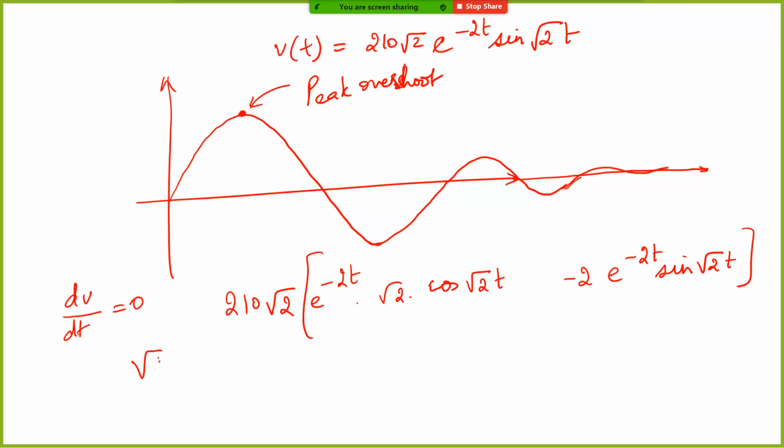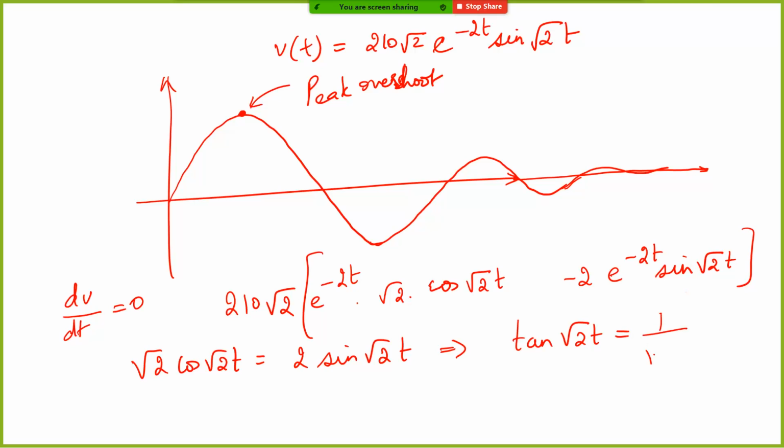So you basically have root 2 cos root 2t equal to 2 sine root 2t. You can write this as tan root 2t equal to what? Root 2 by 2, which becomes 1 by root 2. So what is the value of t which corresponds to this?